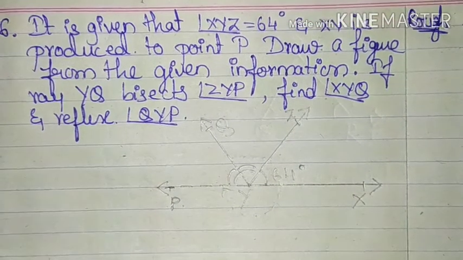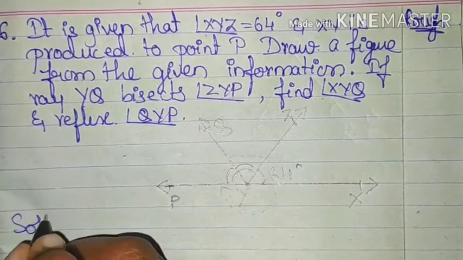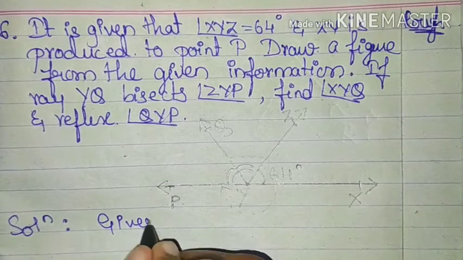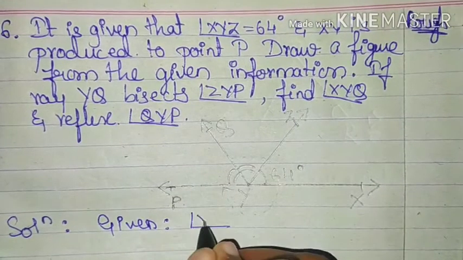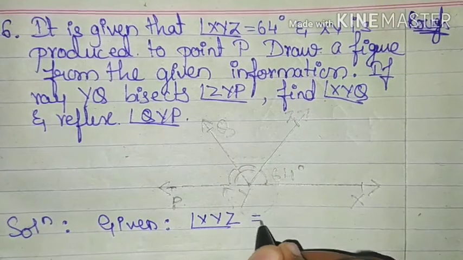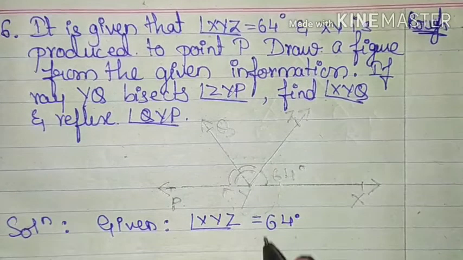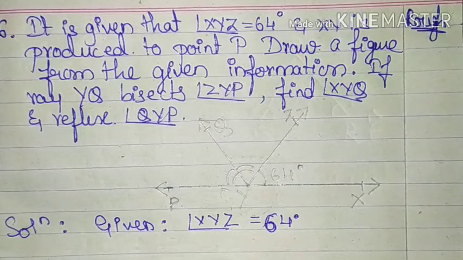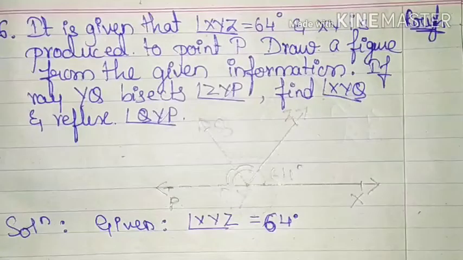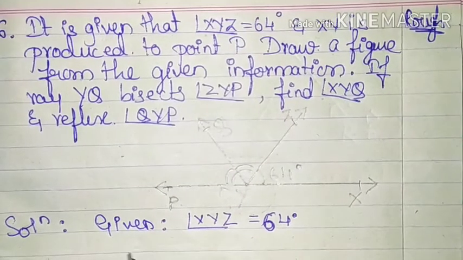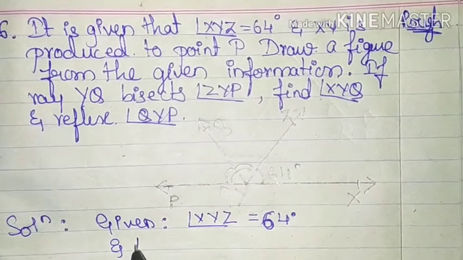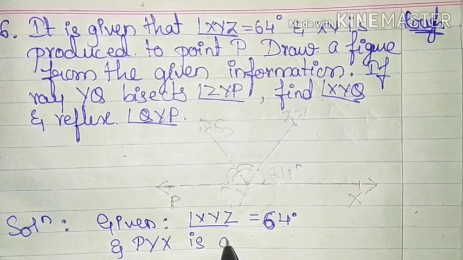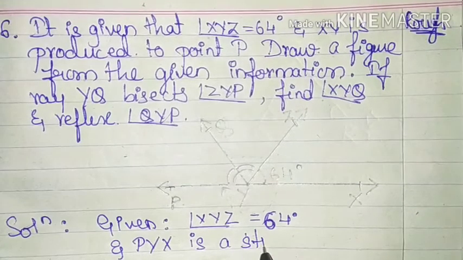In the solution, first let us write down the given: angle XYZ is equal to 64 degrees. This is given to us. And PYX is a straight line.